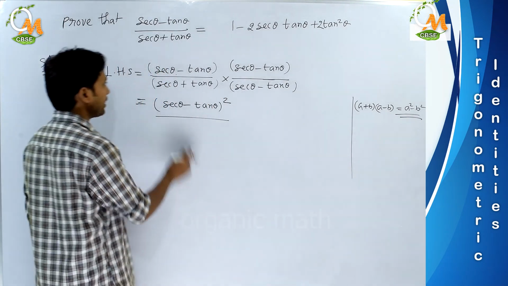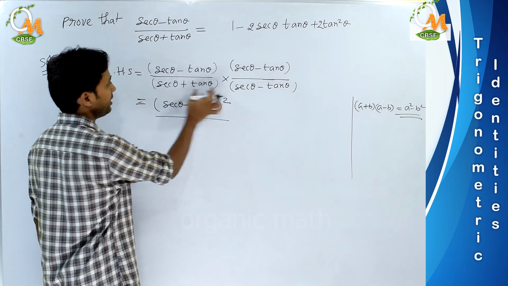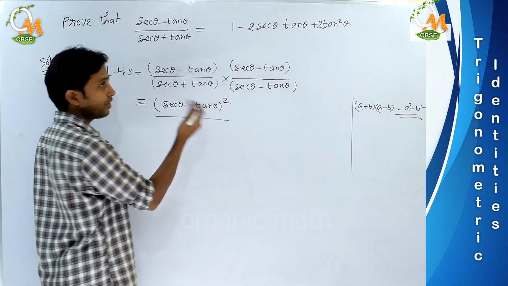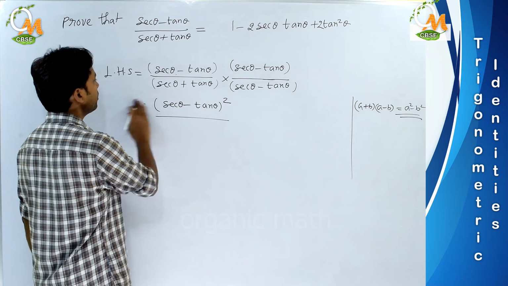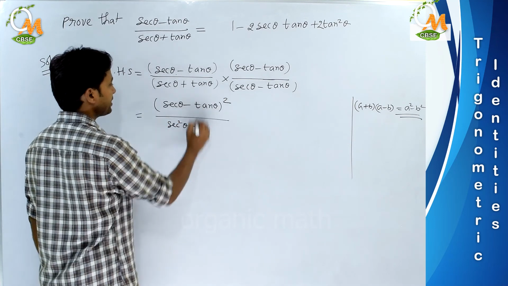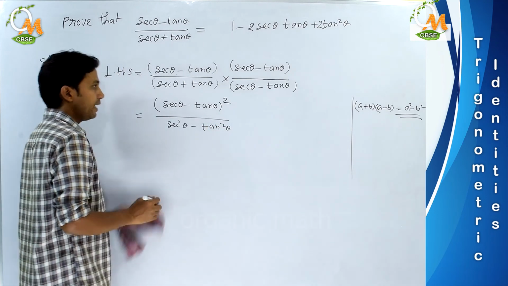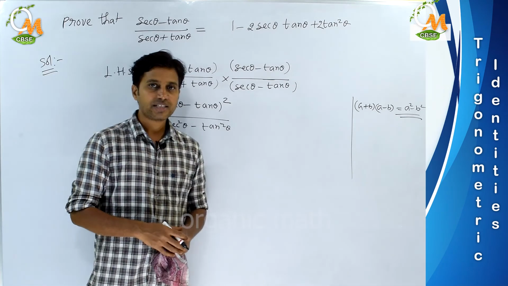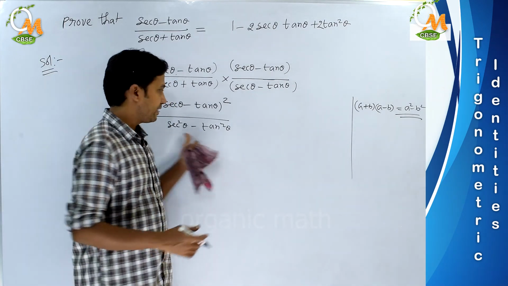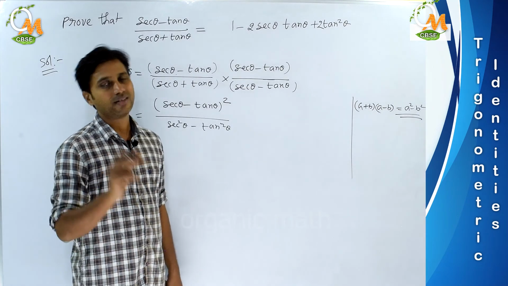A square minus b square, from the special products of algebra. So if you consider secant theta as a and tan theta as b, this is in the form of a plus b into a minus b. So we can further write it as secant square theta, because a square, minus tan square theta, b square. Now we obtained secant square theta minus tan square theta, and is it the second trigonometric identity or not, and what is the value of that? 1.